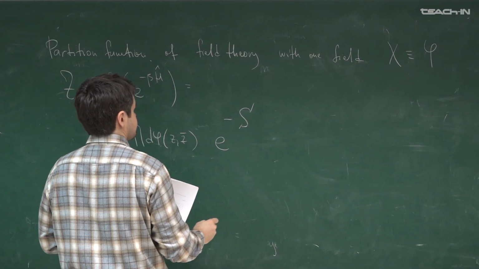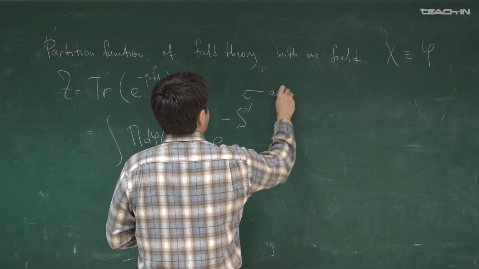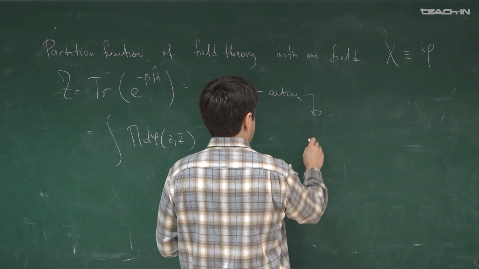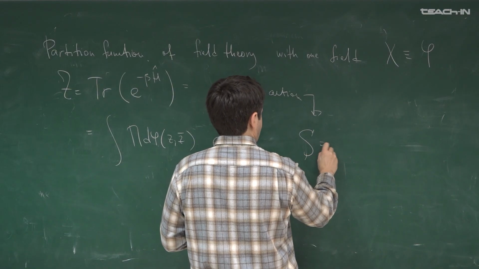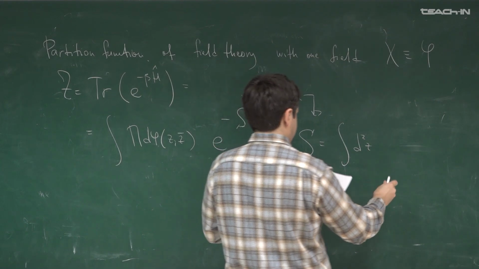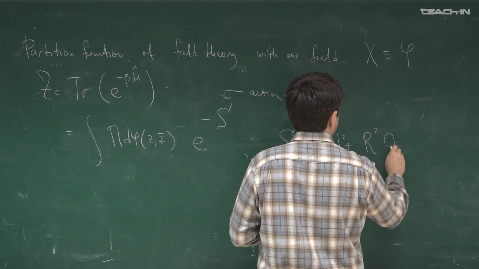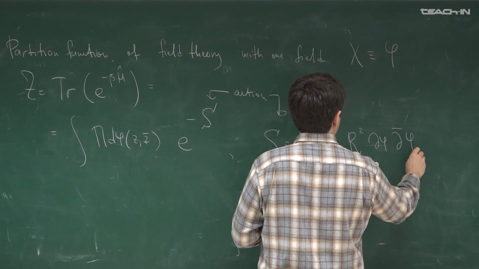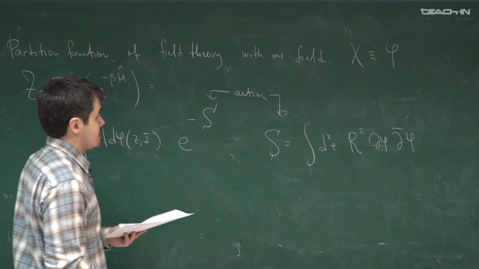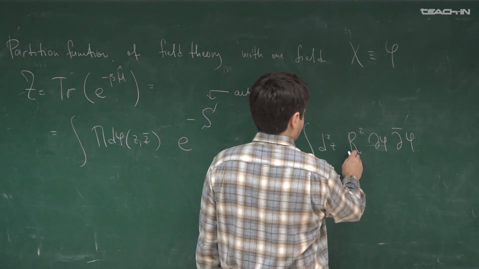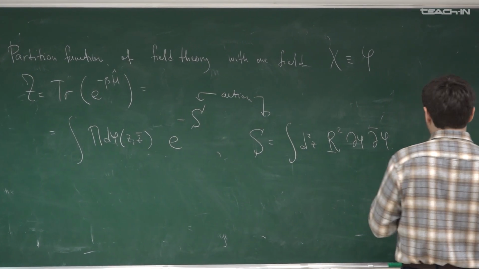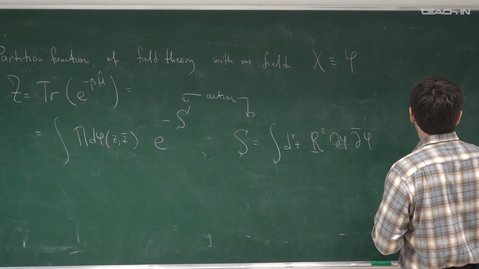So this is the action, and the action has the form that S is, with d phi d bar phi. The radius is now explicitly written out here. So the periodicity is phi goes to phi plus 2 pi.